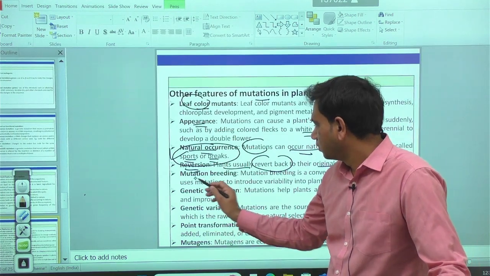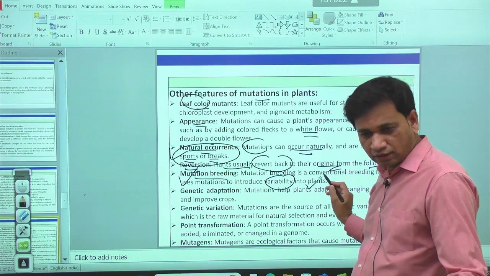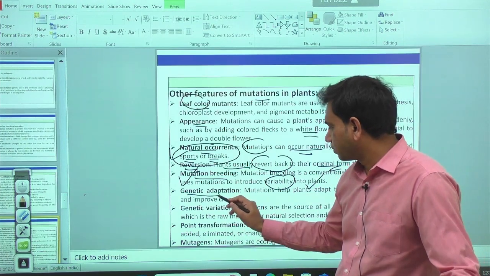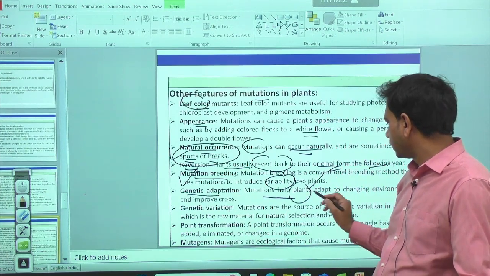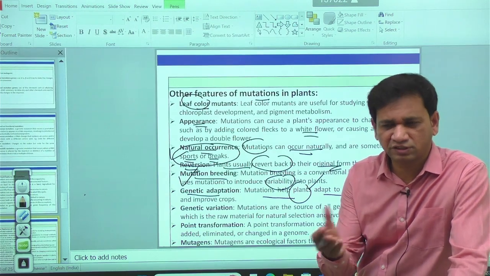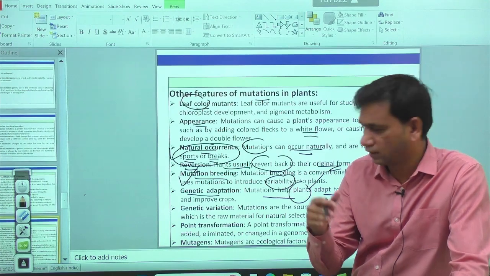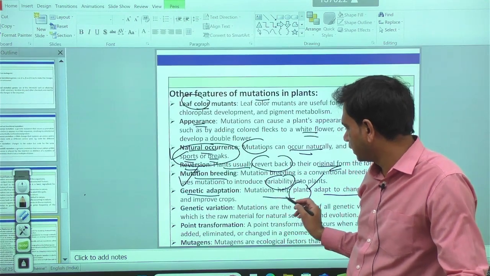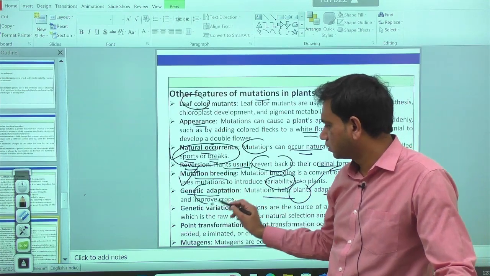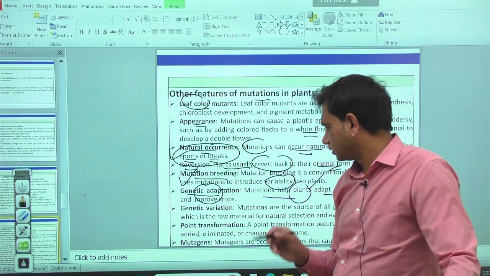Then it supports mutation breeding for creating variability in plants. Then genetic adaptation. Mutation can help plants adapt to changing environmental conditions, because presently the environment is changing day by day. In order to adapt to these changes, mutation is a basic ingredient factor in the ecosystem.